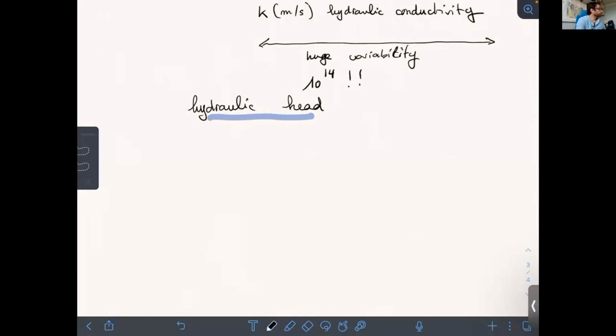And how do we define this? Basically, let's take a column, or a glass of water, of a certain size and a certain water level.